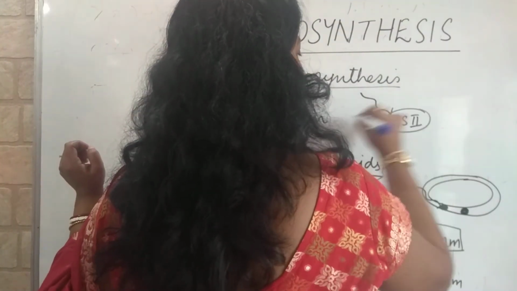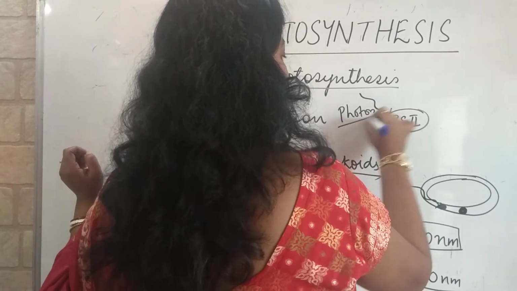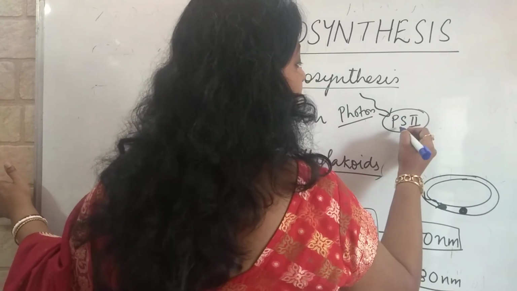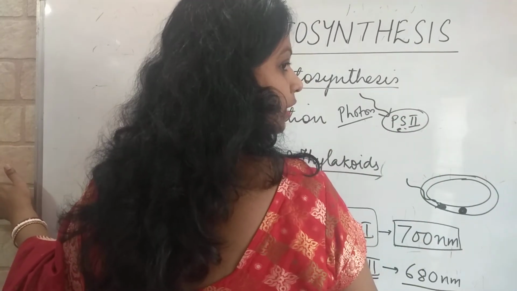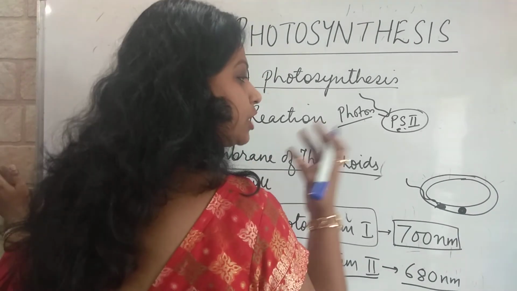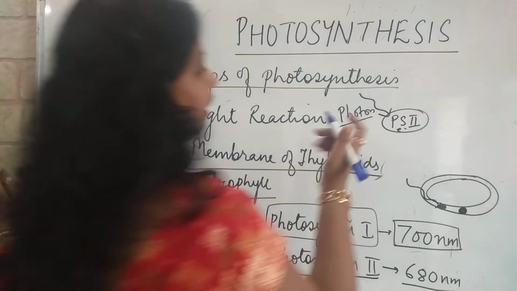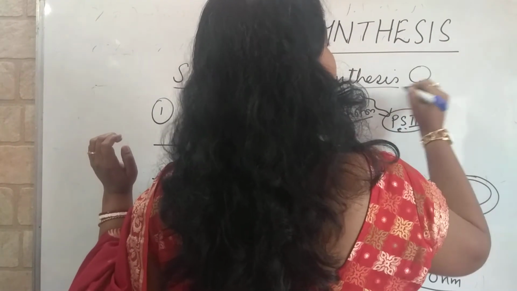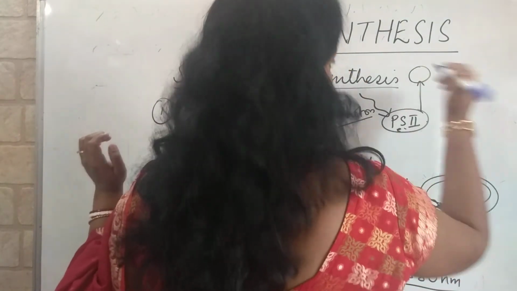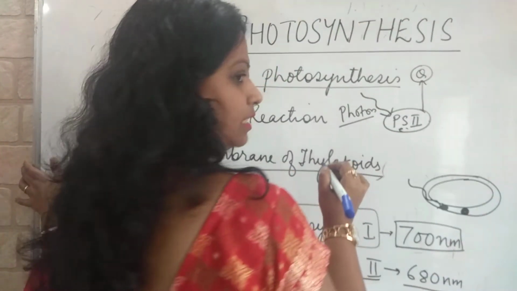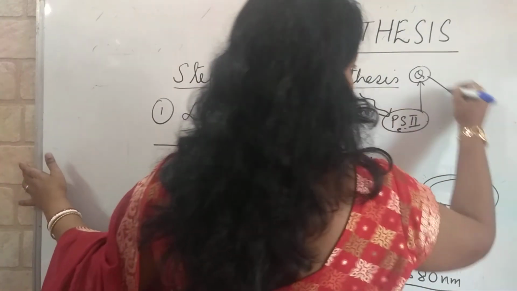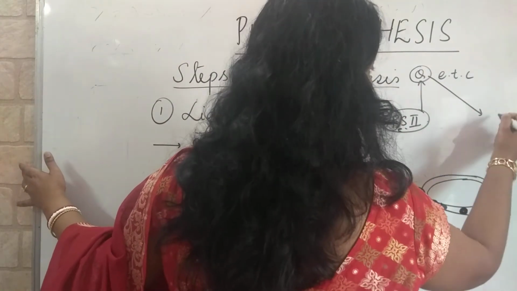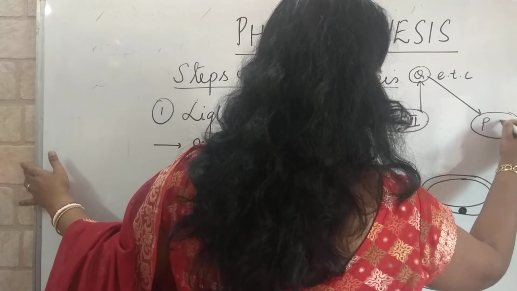Solar radiation, that is a photon of light, will fall on PS2 and energize it, and electrons will be released. These electrons will be transmitted to the electron transport chain. This is the primary acceptor which will start and follow the electron transport chain, and ultimately it will pass this to PS1.